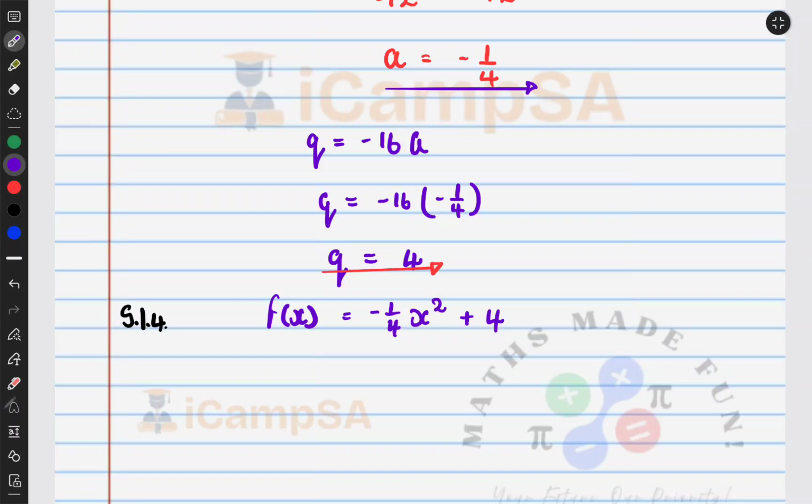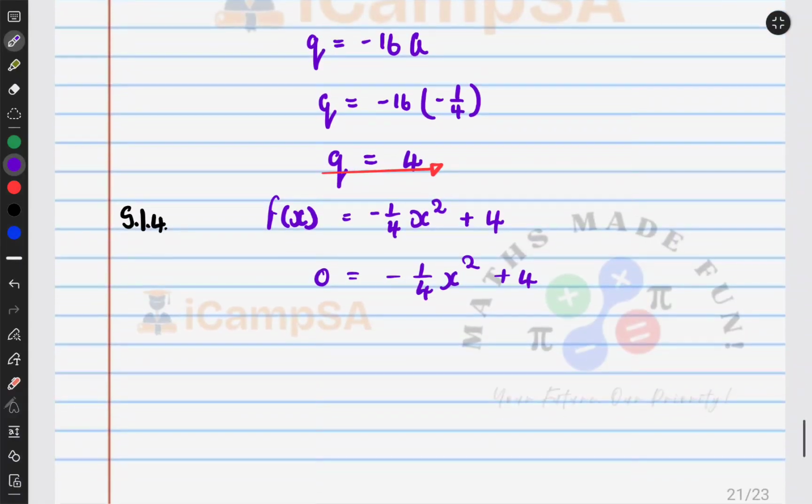if f of x was 4, or maybe let's start with, if f of x is 0, is equal to -1 over 4 x squared plus 4, we put there. Okay, we will have no real roots. So if f of x, which is k, is less than 0, we will have no real roots.